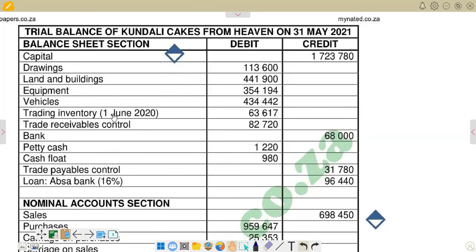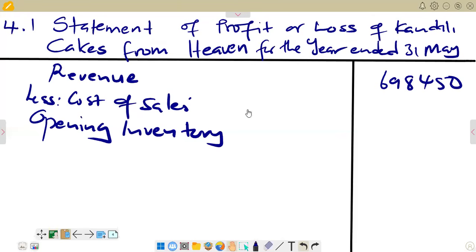Remember, that's where the year is starting. Our year is ending on 31 May 2021 and starting on 1 June 2020. So this is going to be our opening inventory, 63,670. You go there, we have 63,670.